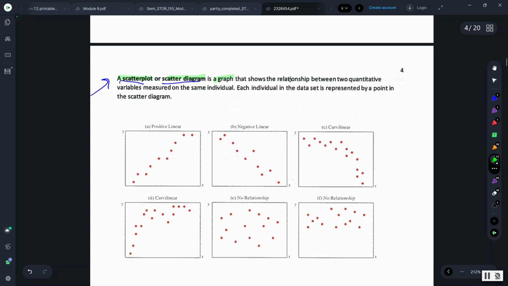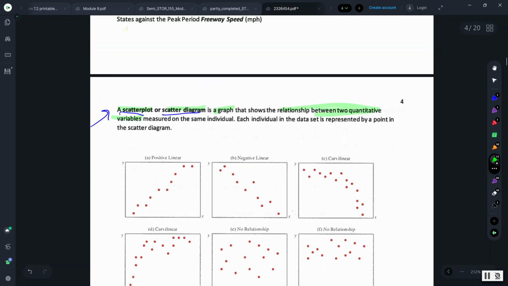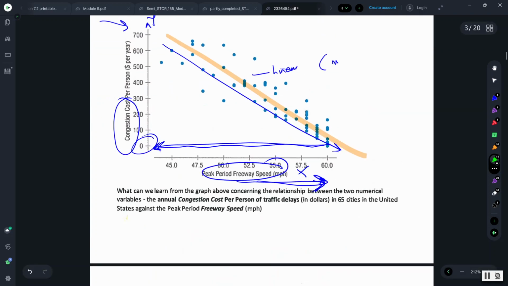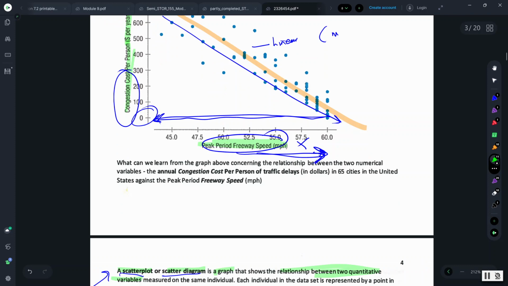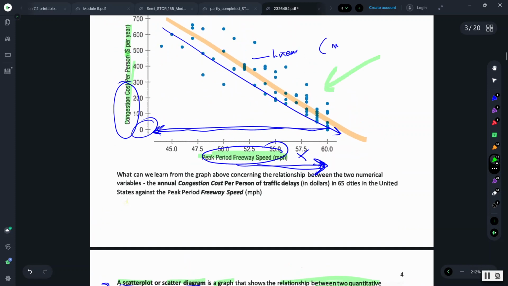It is a graph that shows the relationship between two quantitative or numeric variables, as you have seen in the previous examples. Here we had congestion cost measured in dollars per year. This is a numeric variable. And you have peak period freeway speed. That is also another numeric variable. To look at the relationship, we plotted a scatter plot or scatter diagram.